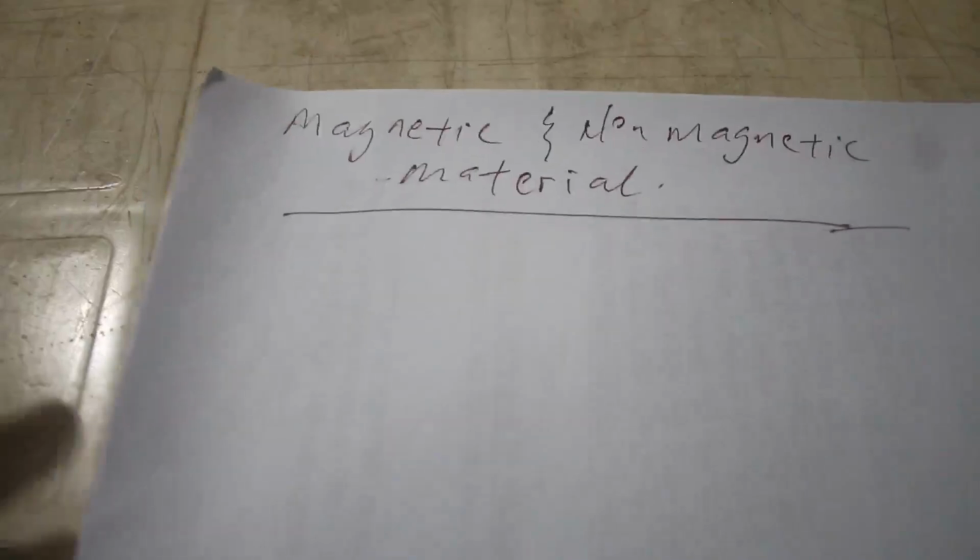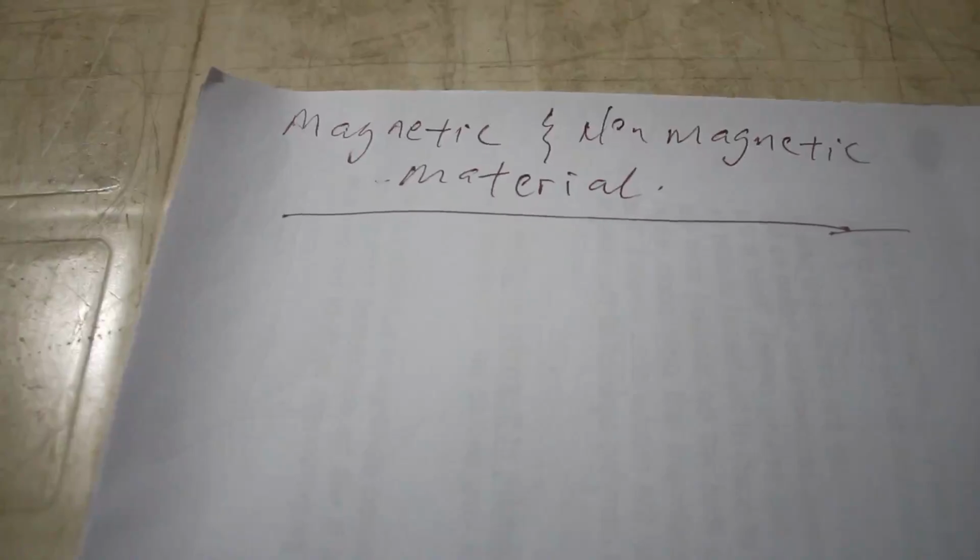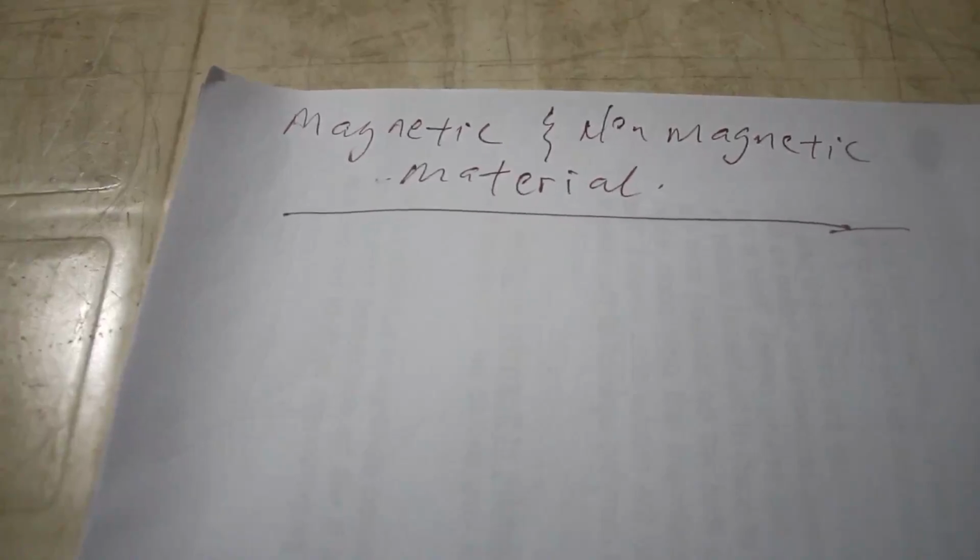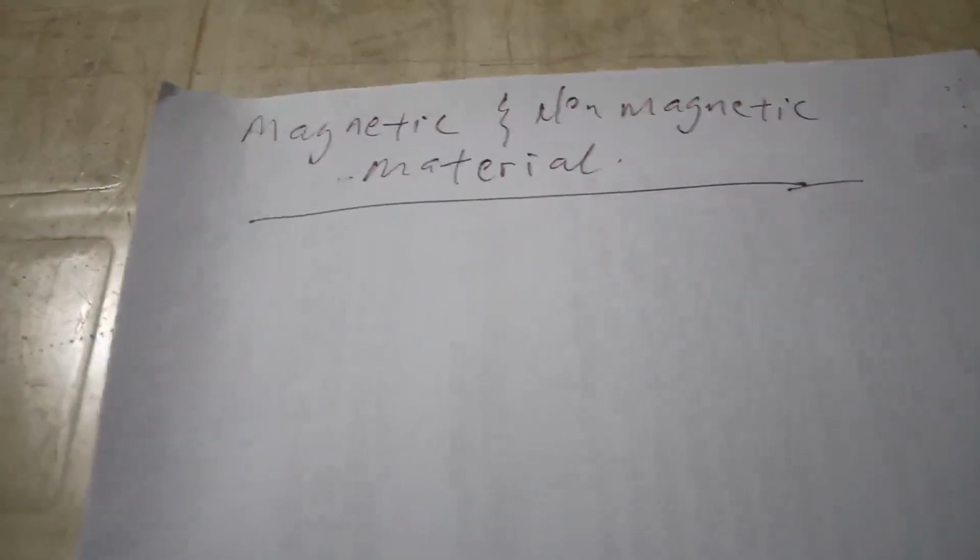Like the name suggests, magnetic materials are those materials that can be magnetized by a magnet, or that can be attracted or repelled by another magnet.